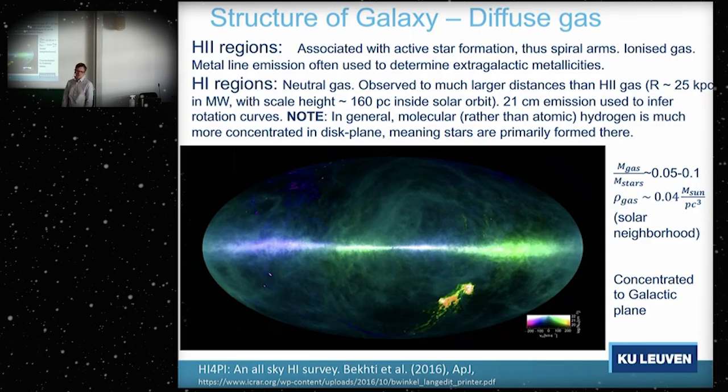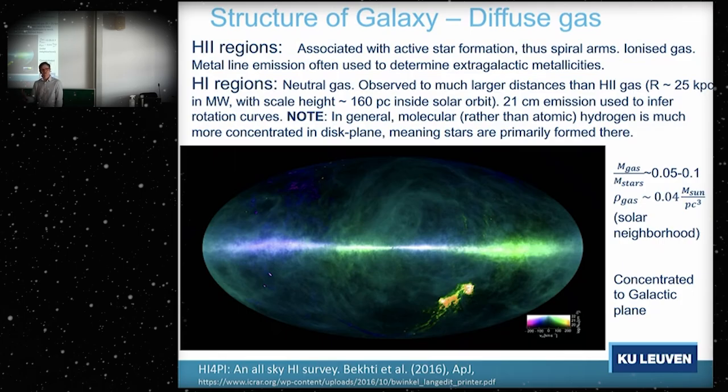And of course, the most famous neutral hydrogen gas diagnostic is the 21 centimeter line. Again, which we talked about a lot in the radiative processes course. Here, in this context, today, it is used to infer the rotation curves, as we have already alluded to.